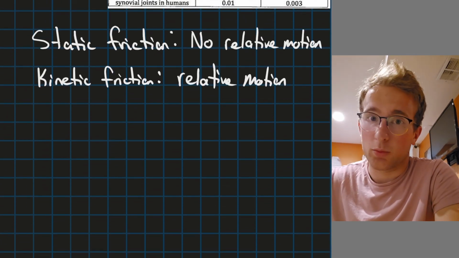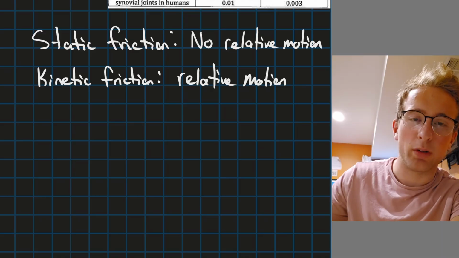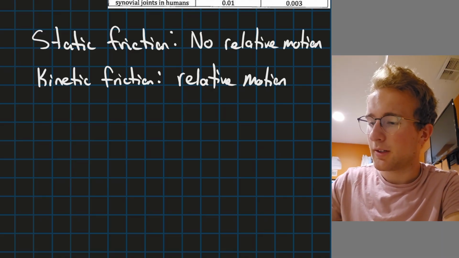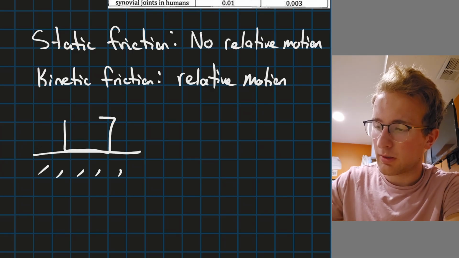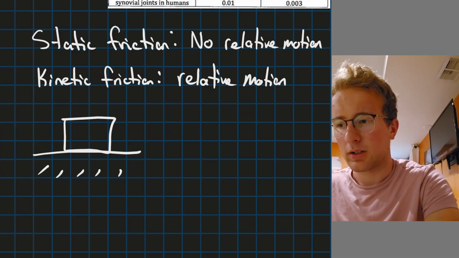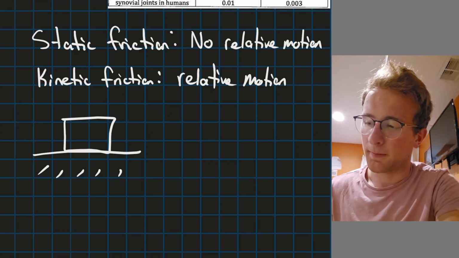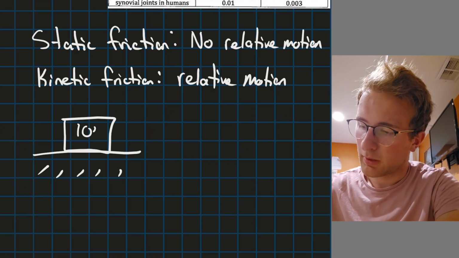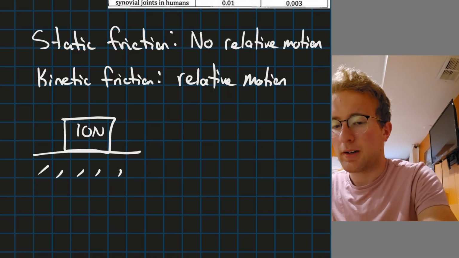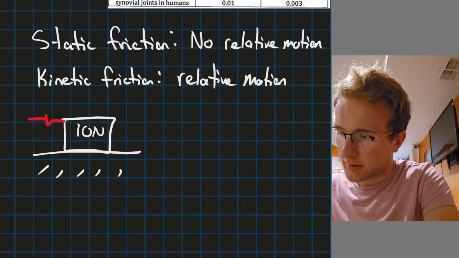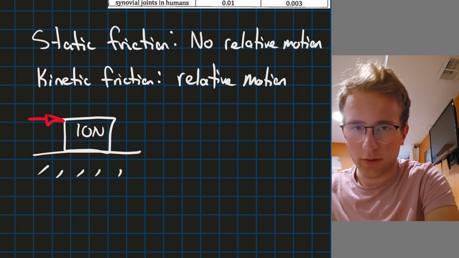And to understand why, we need to talk about what causes friction, or one of the ways friction can be caused. So if we have a box here, let's say it weighs 10 newtons, and we apply a force here to the right.